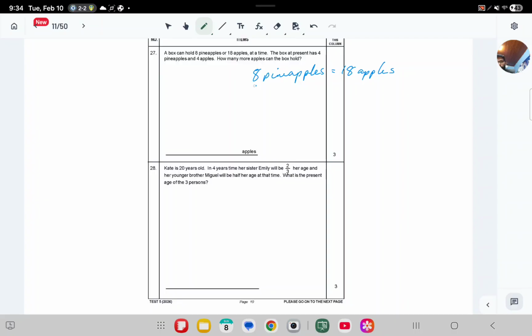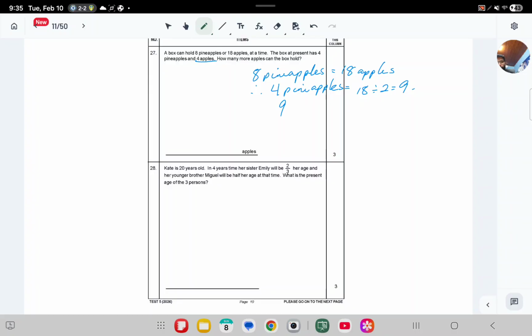So, based on this information, 4 pineapples will be half the amount. So it will be half of the apples, which is 9. And at present, it has 4 apples.